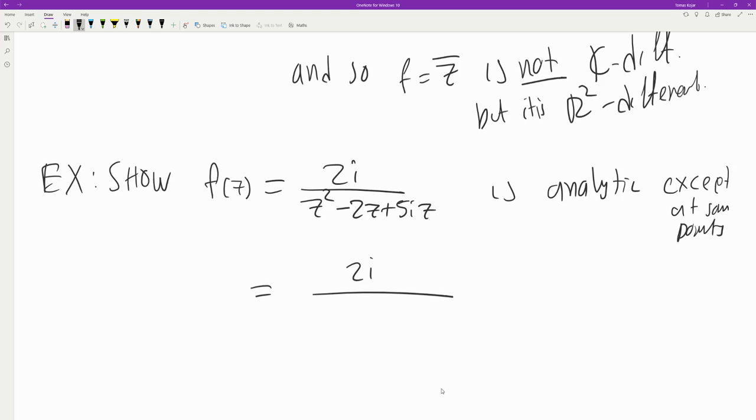So we have 2i, you factor out z, and then you're left with z minus 2 minus 5i.